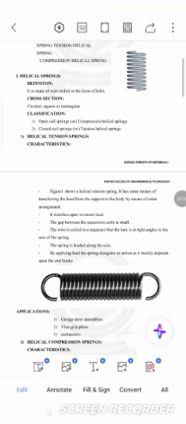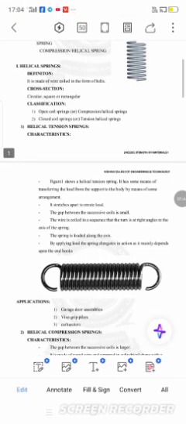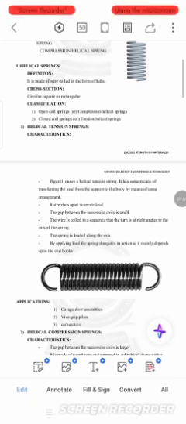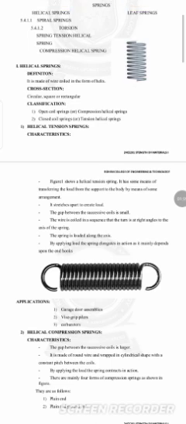Helical tension spring characteristics: it has some means of transferring the load from the support to the body by means of some arrangements. It stretches upward to create load. The gap between the successive coils is very small. The wire is coiled in a sequence that the coil is turned at a right angle to the axis of the spring.